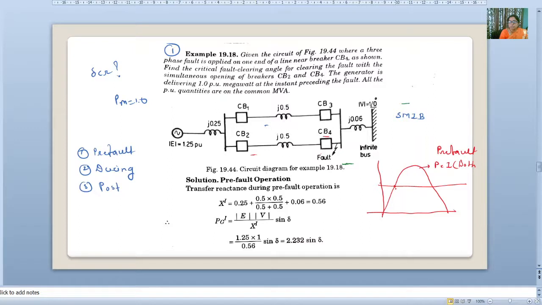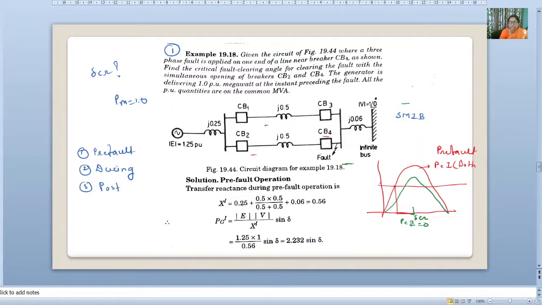So this stable point will drop to 0, and this will be our PE2. PE2 will be 0. As soon as the fault is cleared, that means at delta CR, the curve will shift to the second curve, where we have only one line working.